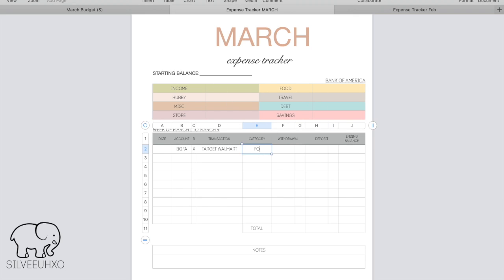So was it food? Let's say for this one it was food. And then we do withdrawal. So how much did I spend? $40 with no cents. And then nothing was deposited. And then whatever my ending balance is.